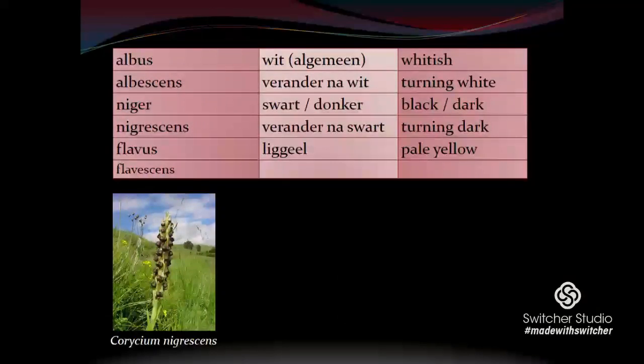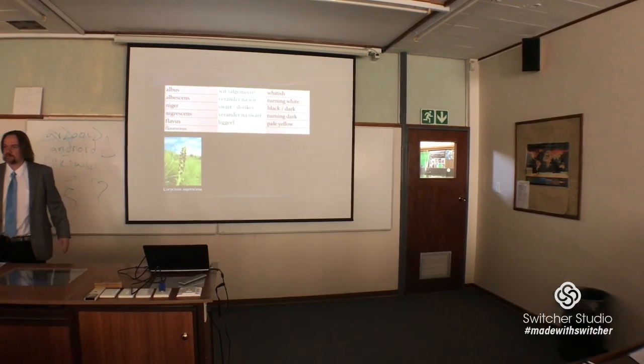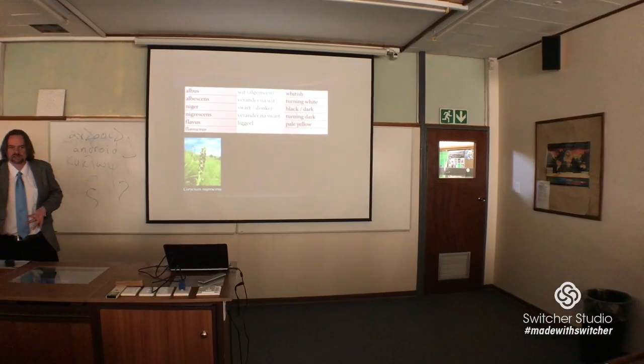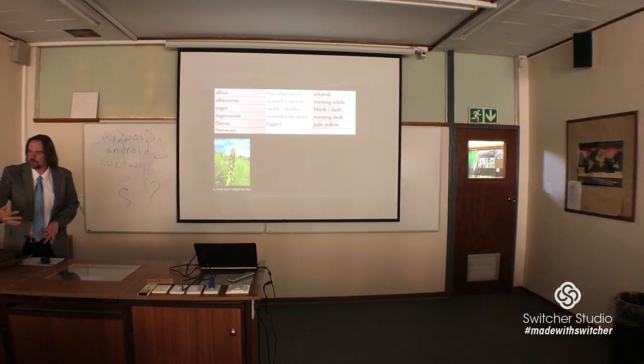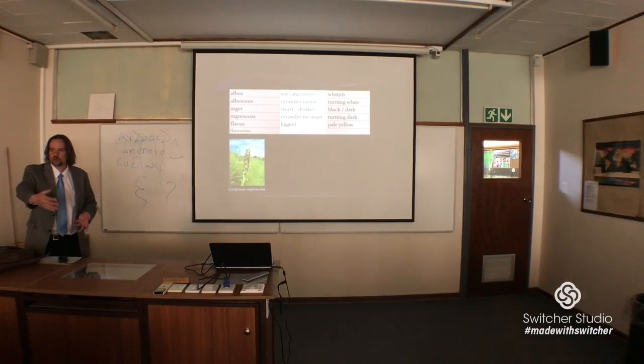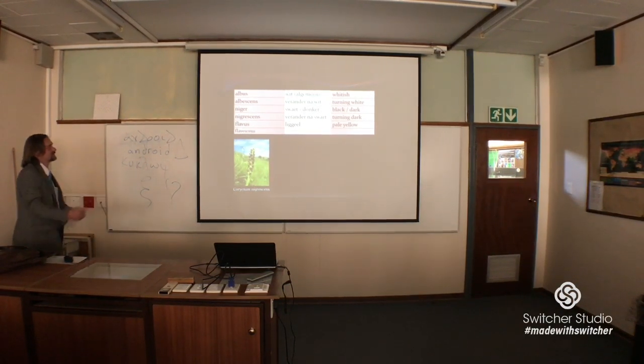Okay, from these color terms, you can create new terms, these inchoative or inceptive terms. If something is turning dark, like this Coricium nigrescens, it's turning dark, you can add that escens at the end. So it goes towards this one. Albescens, it goes towards white, like dog poo in the park. You get albescens.